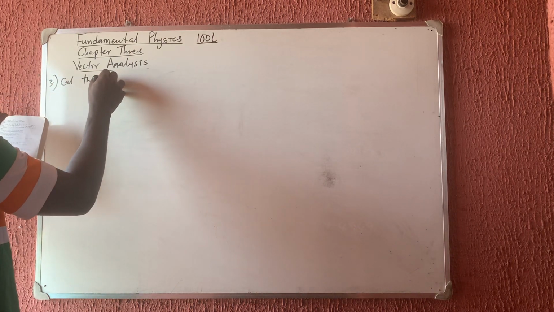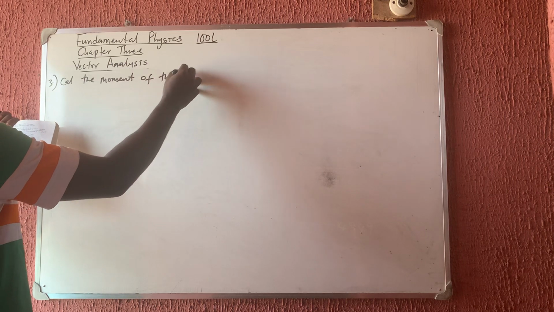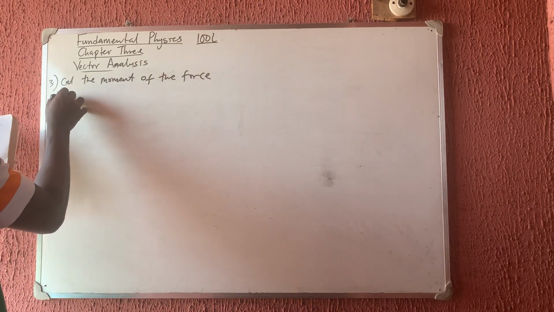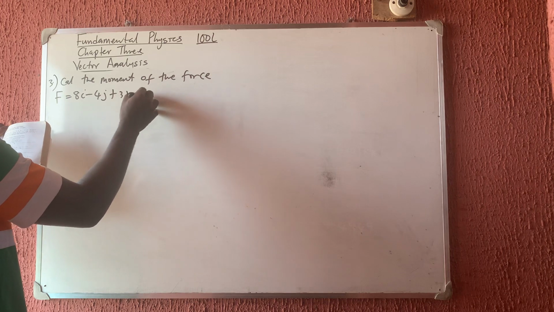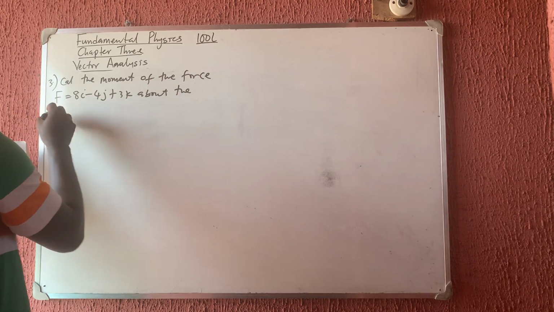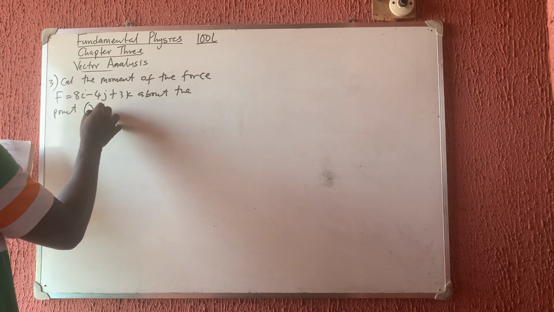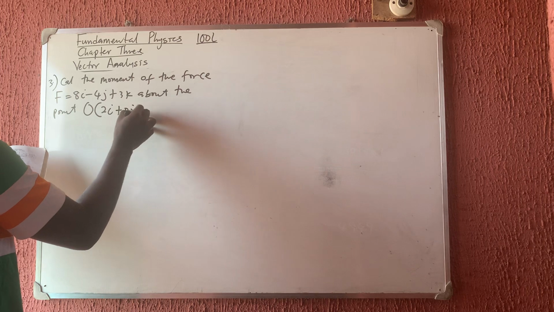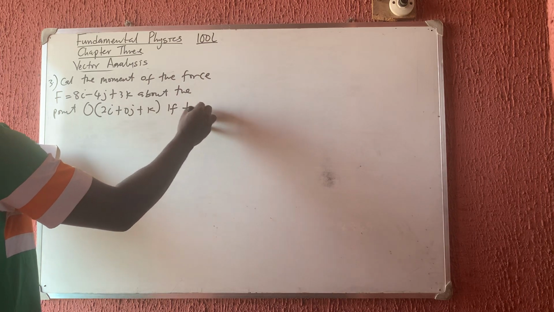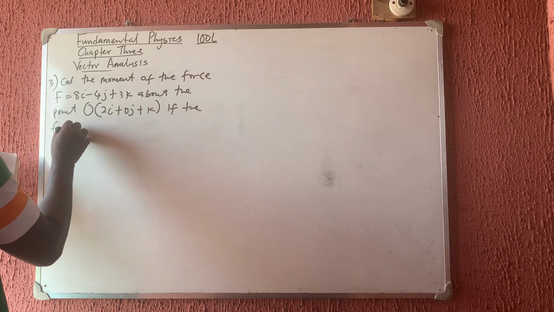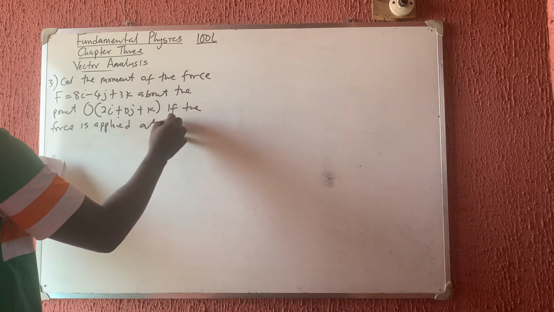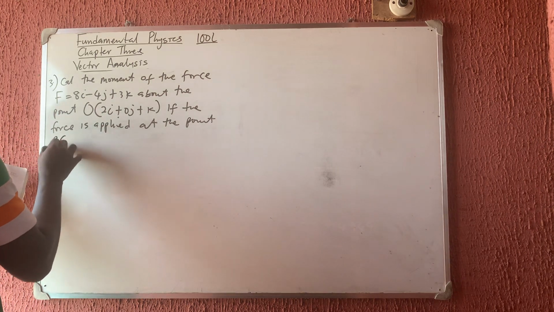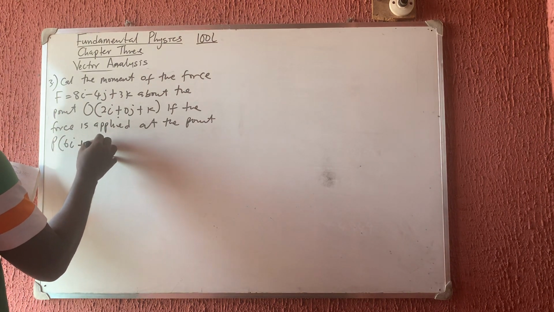Question number 3 said calculate the moment of the force F, which is equal to 8i minus 4j plus 3k, about the point O, that is 2i plus 0j plus k, if the force is applied at the point P, which is equal to 6i plus 2j plus 3k.